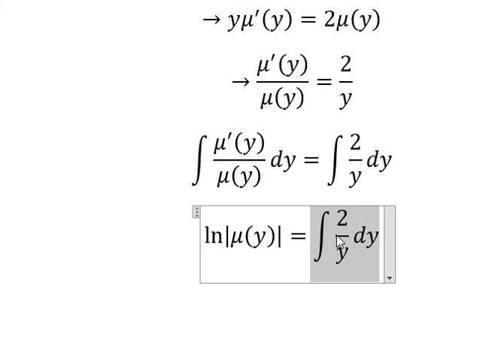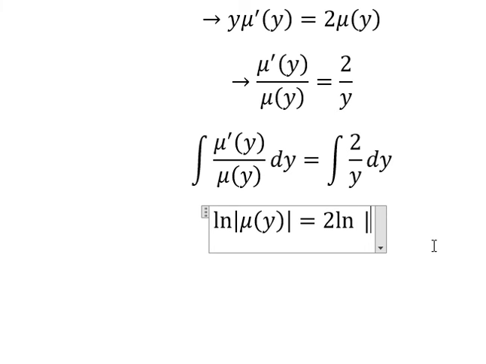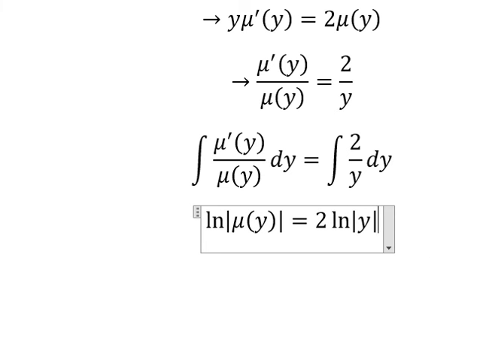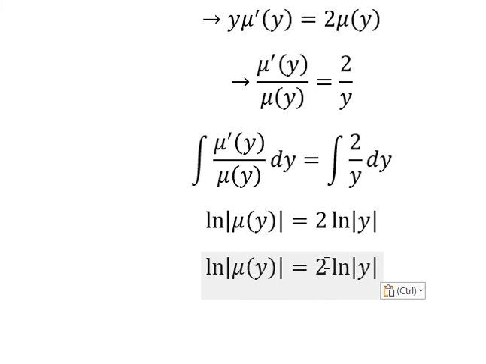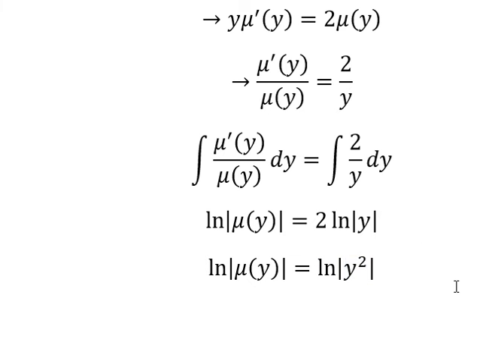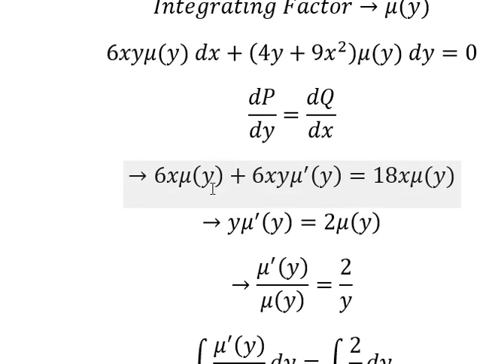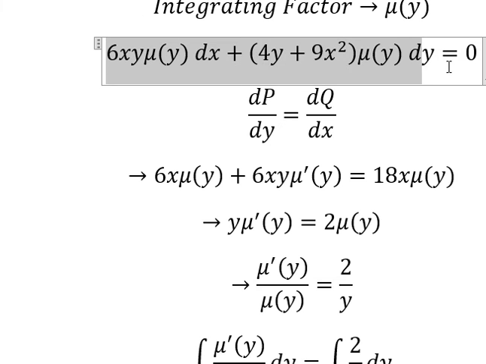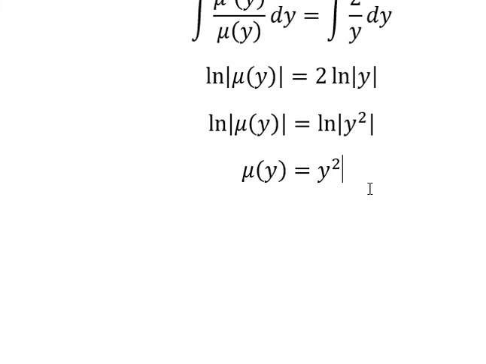The integration of this one, we have 2 ln of the absolute value of y. Next, number 2 will go inside here. So in this situation, mu y equals y squared. That means we multiply both sides by y squared in here.